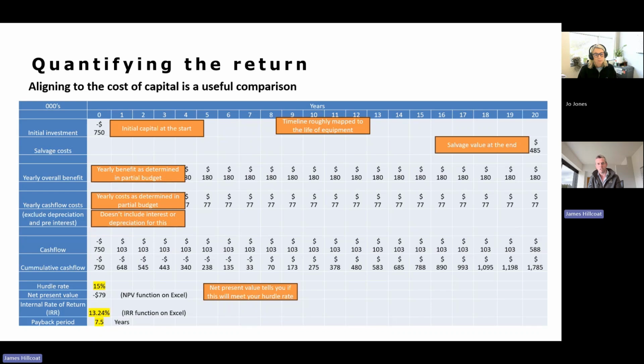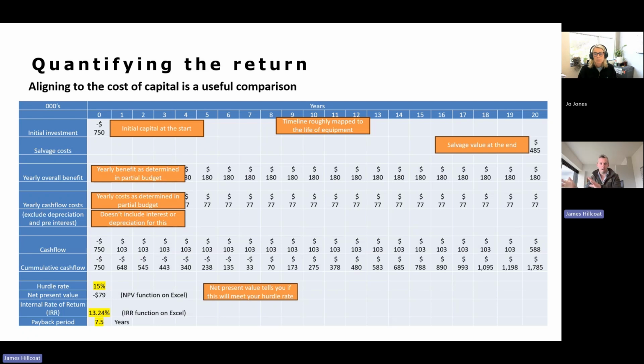That doesn't mean that we should throw this out. It just means it's not going to meet the 15% hurdle rate of return that we're looking for. So when we consider all those cash flows, the initial investment plus the overall benefit minus the yearly cash flow cost will give us our cash flow across that time.